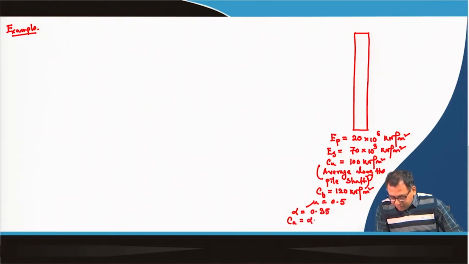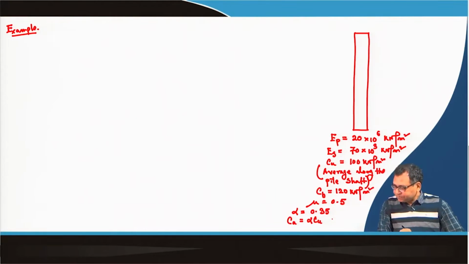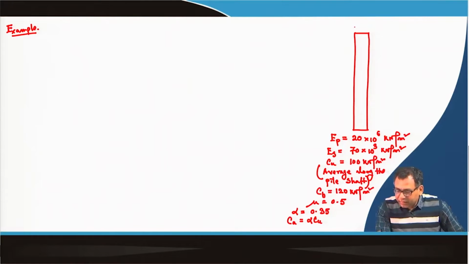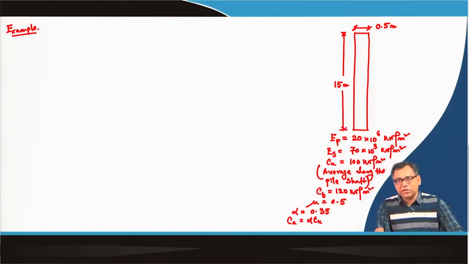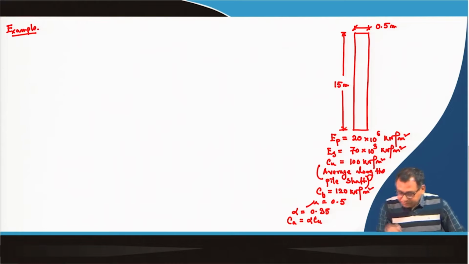Adhesion is alpha into cohesion. It is a circular pile whose diameter is 0.5 meter and length of the pile is 15 meter. It is a floating pile and we have taken the average cohesion. So, that means it is a floating pile.